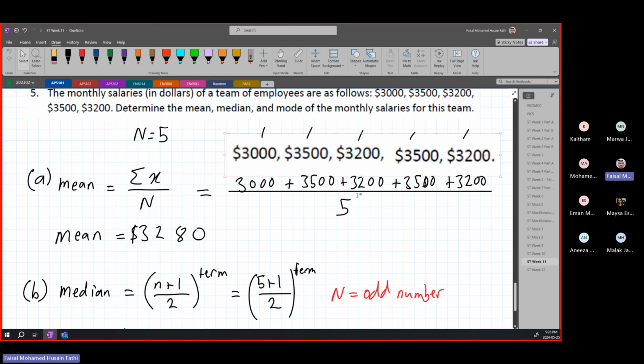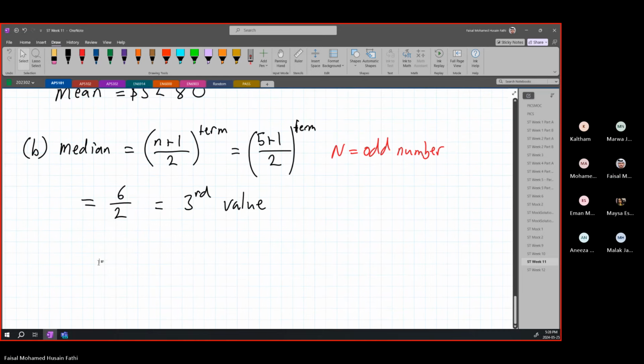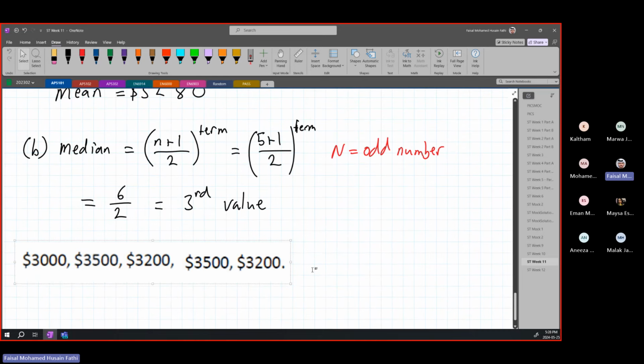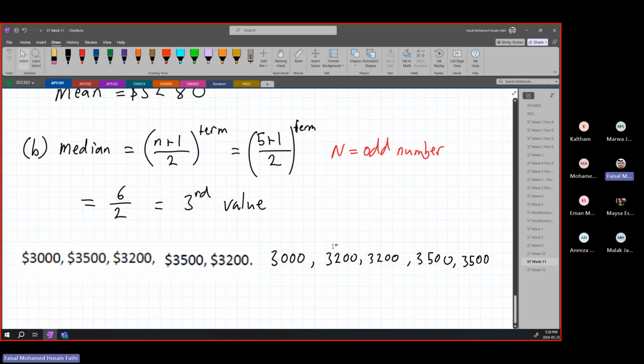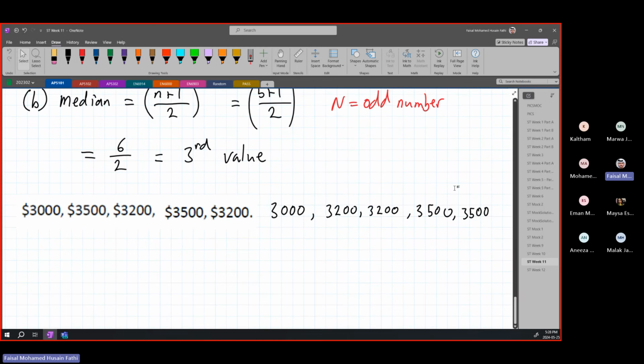And if we look at the values here, we have to reorder them. All right. So let's reorder them first. So we're going to have 3,000 first, then 3,200, 3,200, 3,500, 3,500. Okay, so this is our values ordered from least to largest.